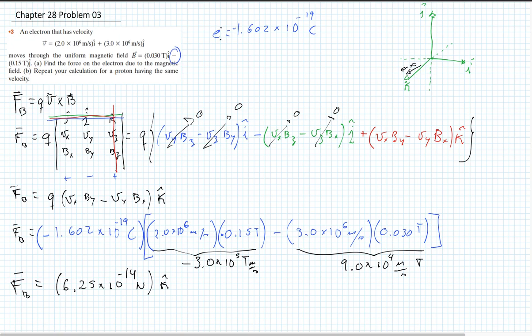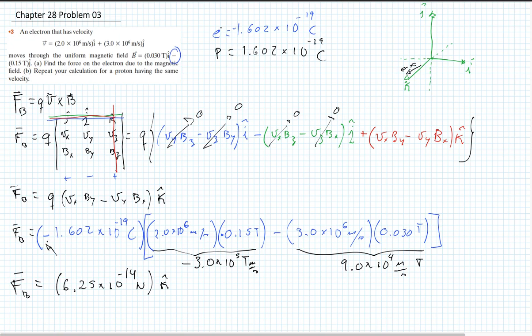Now, the next item here is repeat your calculation for a proton having the same velocity. So if we do everything here, we just need to use the same mindset, guys. The only difference will be here, because for electron, the charge is negative. But for the proton, the charge is going to be 1.602 times 10 to the minus 19 coulombs, so this is going to be positive.